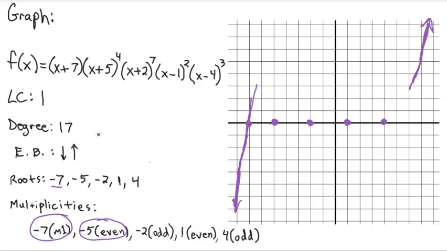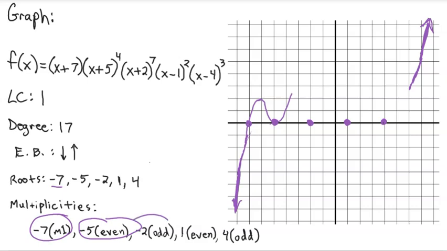That looks pretty ugly. Let's try that again. Hang on. Okay, there we go. And now negative 5 is an even multiplicity, so it's going to curve down, and then it's going to turn away. Okay.